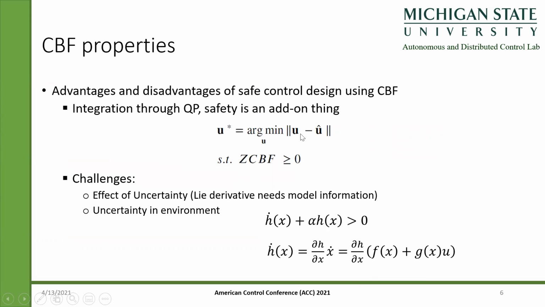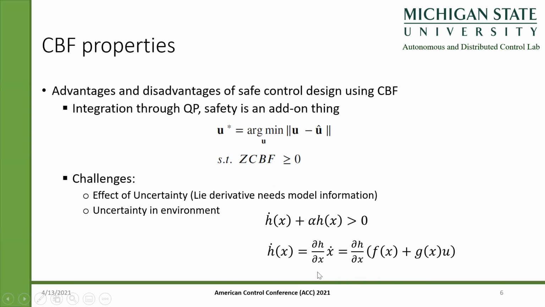One of the great advantages of barrier functions is that they can be added to the controller that we already have. Assume that u hat is the original controller that we have. It can come from LQR or any other control methodology. We try to find the closest control policy to our original controller such that the barrier function condition is satisfied.